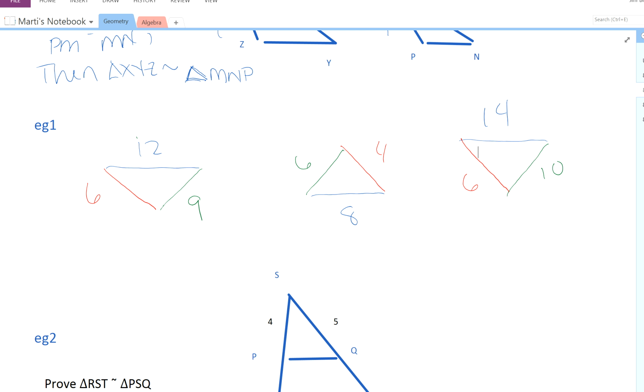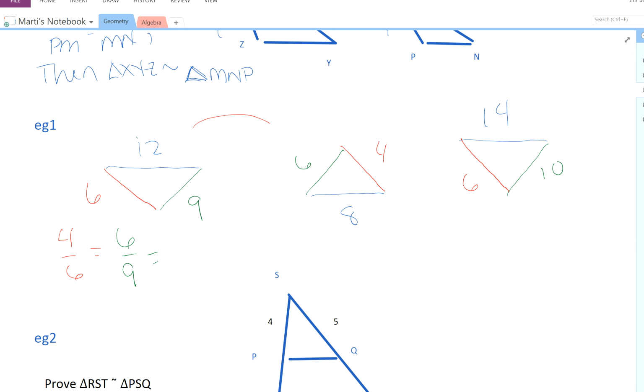So let's take the first two. I'm going to take the proportion of the sides of these two triangles. So I'm going to go 4 over 6. Is 4 over 6 equal to 6 over 9?